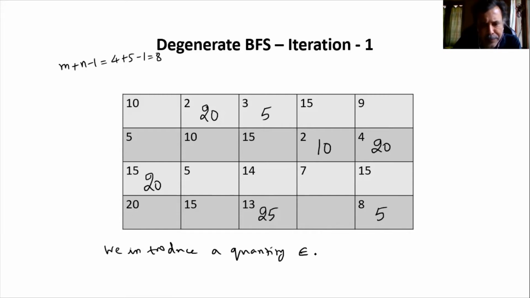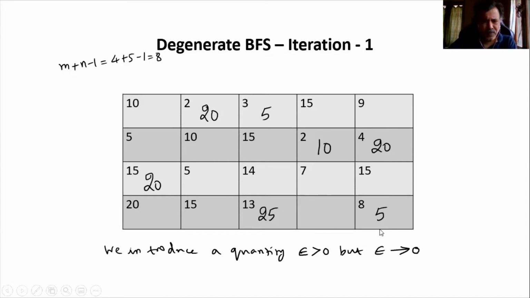The symbol is epsilon, which is a positive quantity, but a very small quantity, almost tending to 0. So this epsilon, we need to bring it to any of the unallocated cells so that we meet that particular condition, that is m plus n minus 1. By that, we try to get rid of that degeneracy.